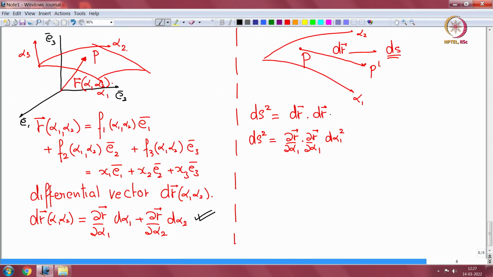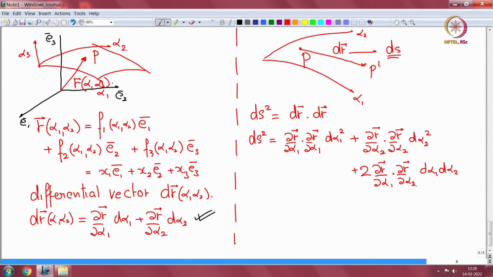If I continue, plus del r by del alpha 2 dotted with del r by del alpha 2 d alpha 2 squared plus 2 del r by del alpha 1 dotted with del r by del alpha 2 d alpha 1 d alpha 2.